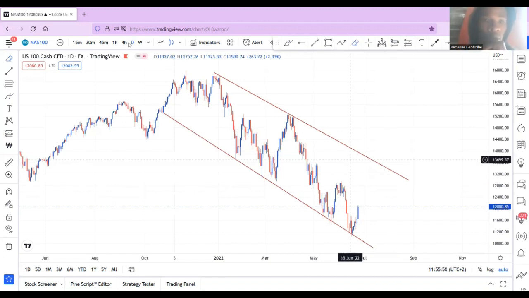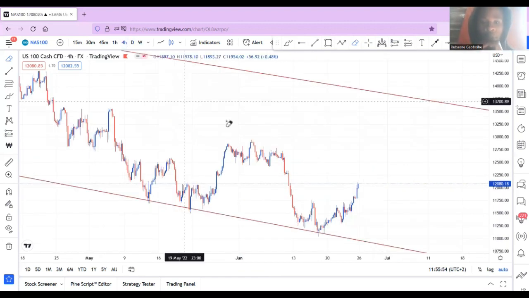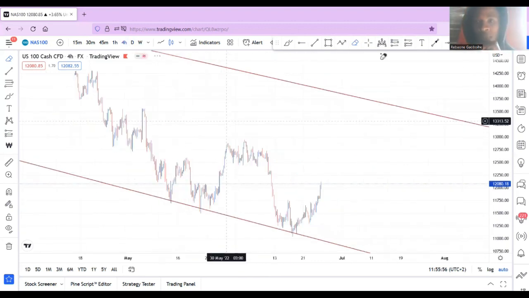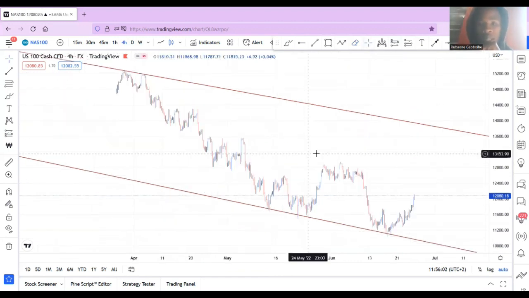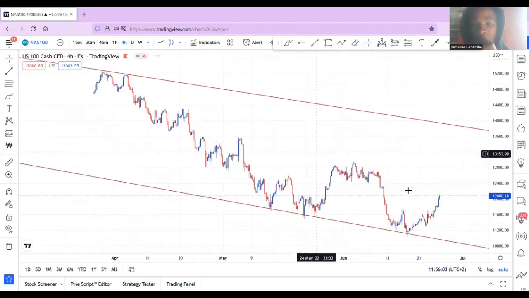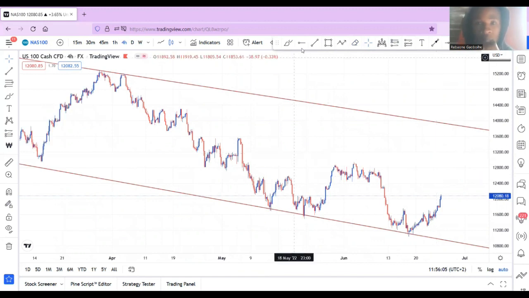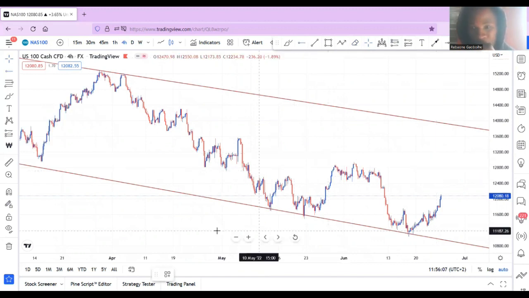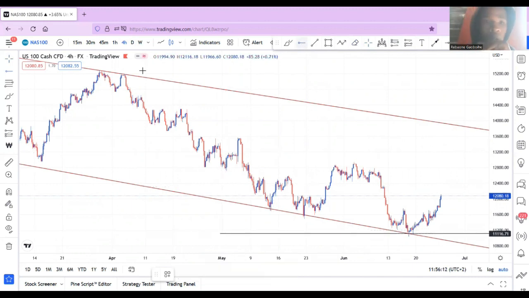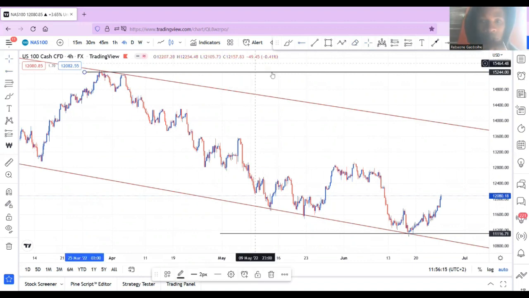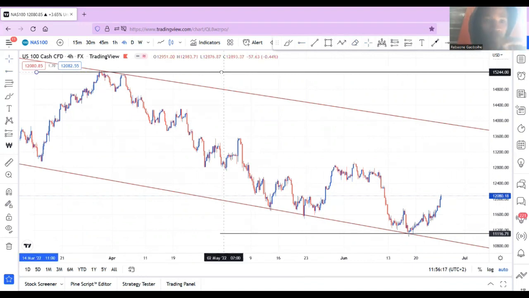So we dive deep into the 4H. On the 4H, we look for the area of sensitivity, or we can say the area where the market reverses, where we experience reversals, right? We can see that this is our lowest low, and this is our highest high there, right?